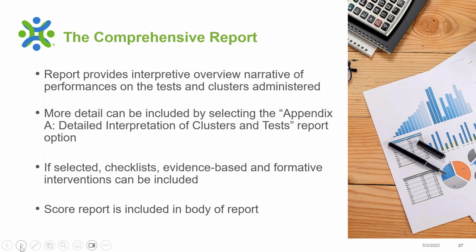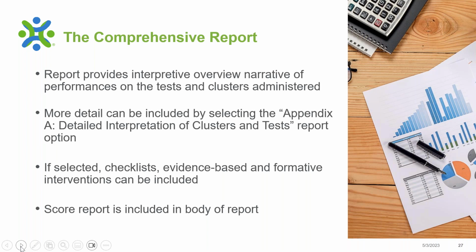There's also an Appendix A that can be included if you select it as an option, and it gives detailed interpretation of cluster scores and test results. And then also, as I mentioned, if selected, those checklists and evidence-based informative interventions can be included in the report.